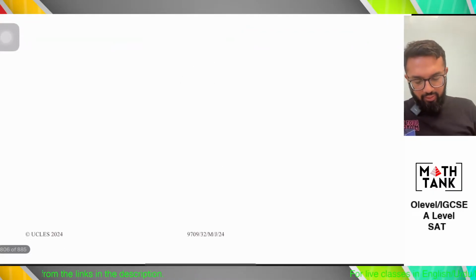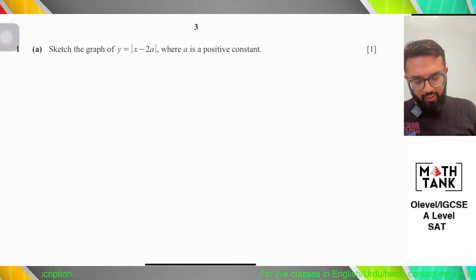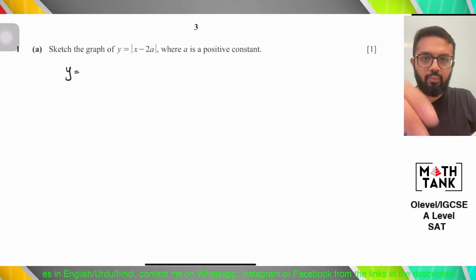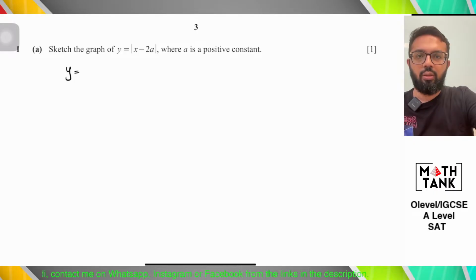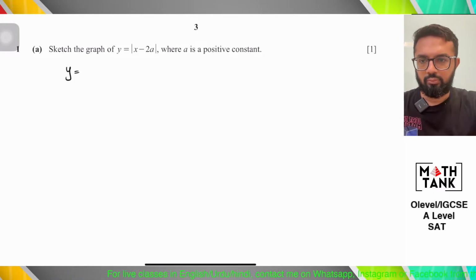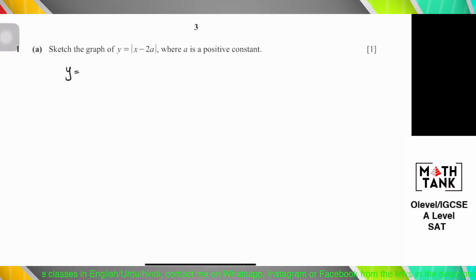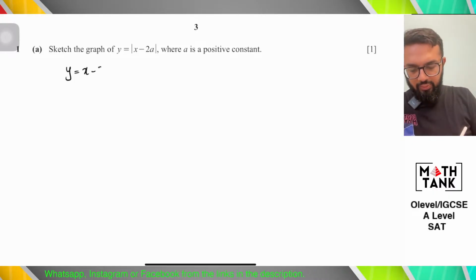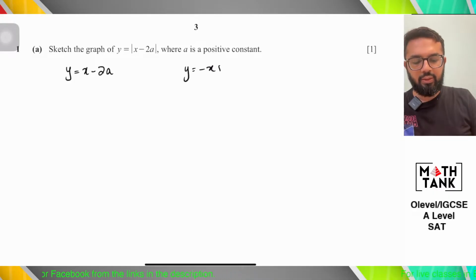Okay, the first question is sketching. Sketch modulus of x minus 2a. I've told you to sketch it as a set of two lines. One line is going to be x minus 2a and the other line is going to be minus x.